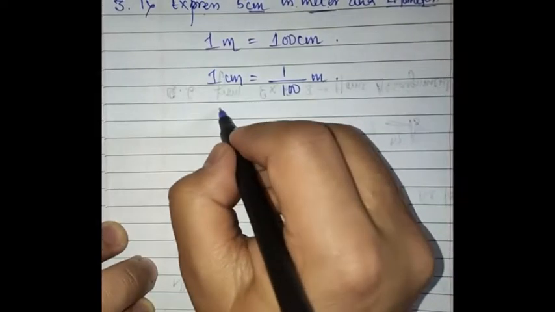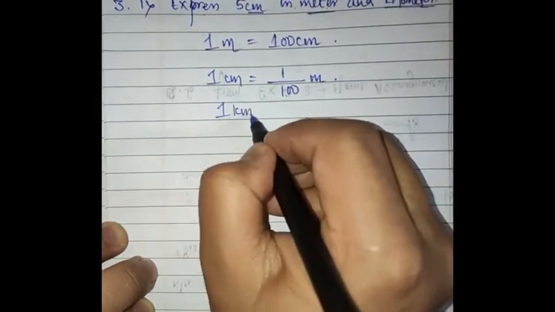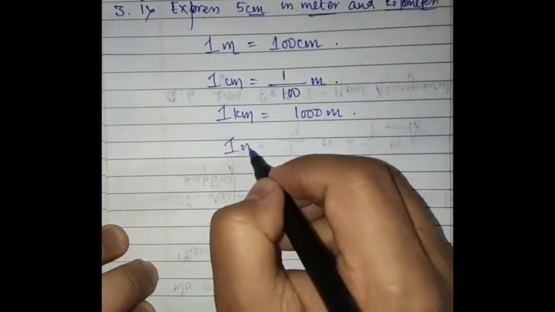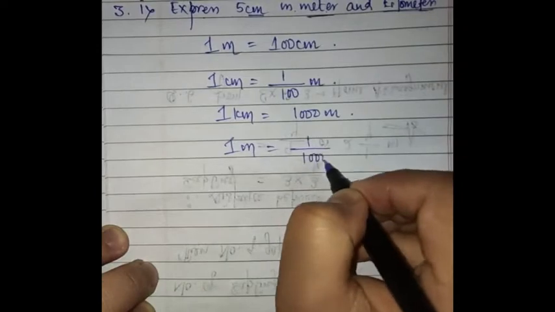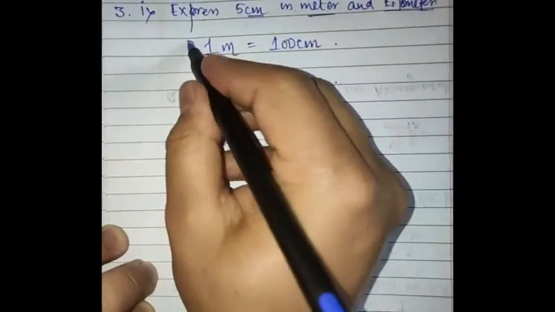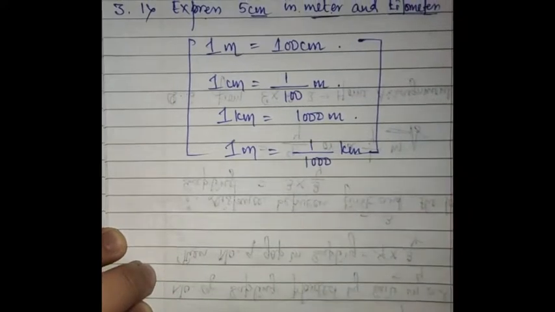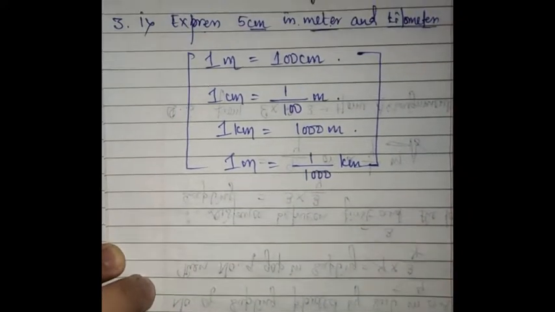Similarly, 1 kilometer is equal to 1000 meter, and 1 meter is equal to 1 by 1000 kilometer. This idea should be clear before solving question number 3.